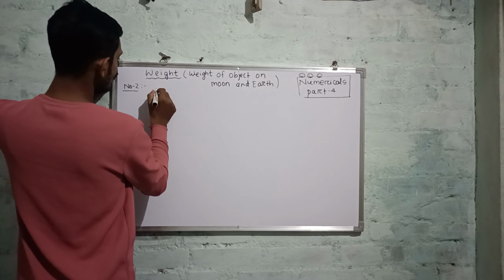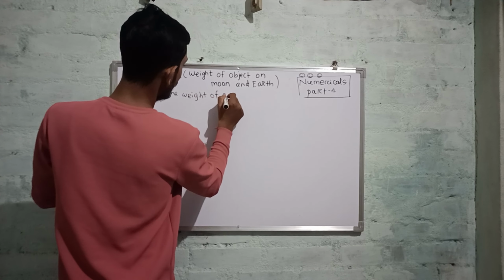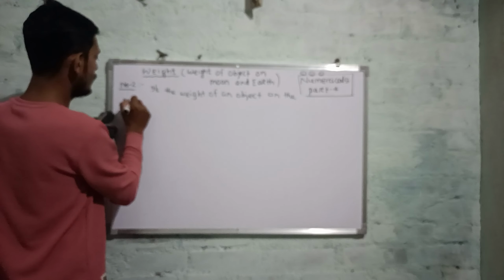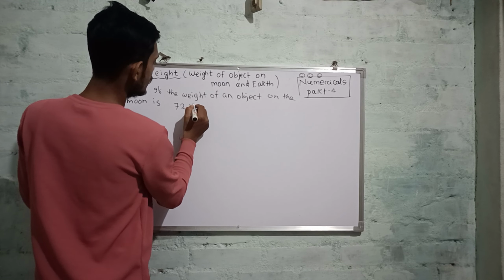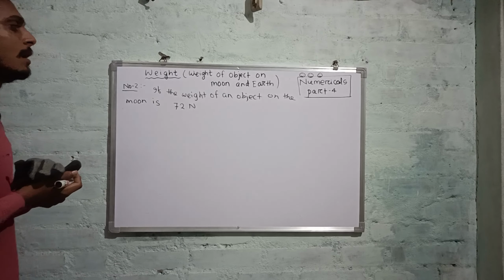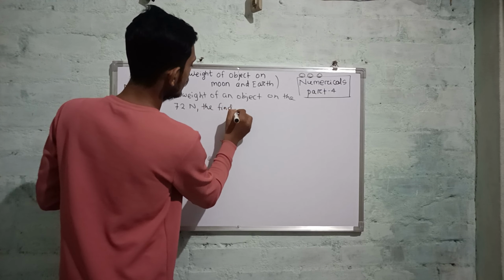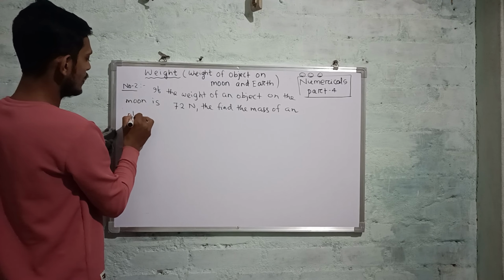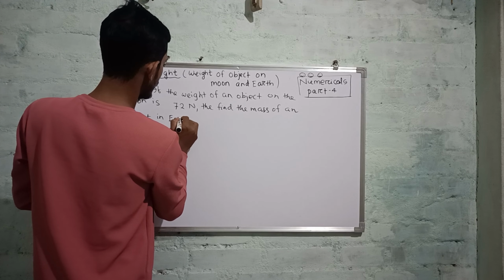Question number 2: if the weight of an object on the Moon is 72 Newton, then find the mass of the object on Earth.